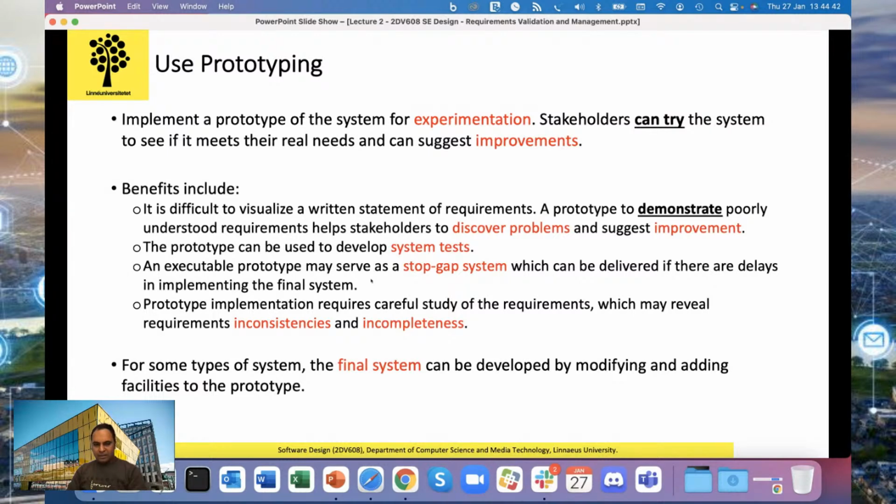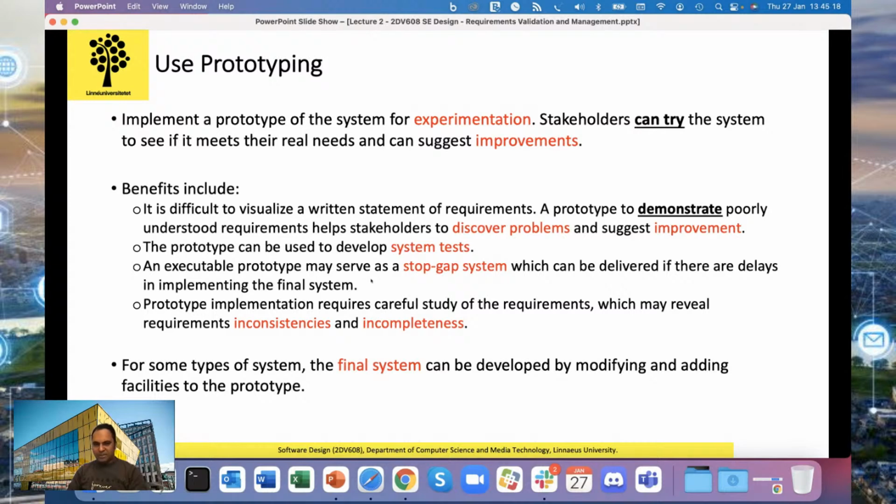Then, if for example you are writing a prototype using a user-friendly technology, what I mean by user-friendly technology is that you don't need to write much code, and the system is still usable, then you can use that prototype as a stopgap system if there is any serious delay or some kind of failure of the development of the actual system.